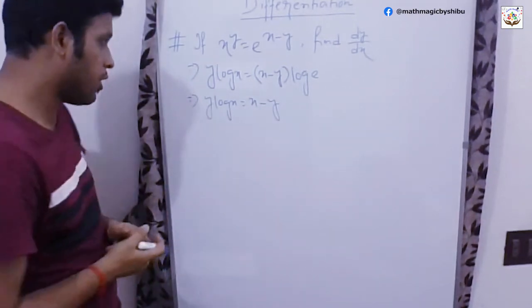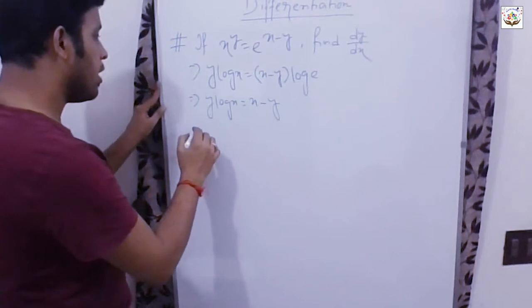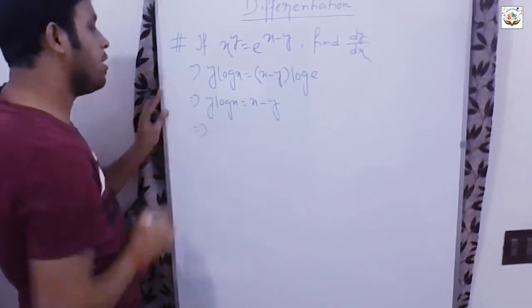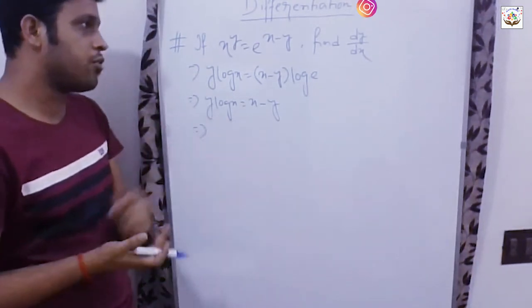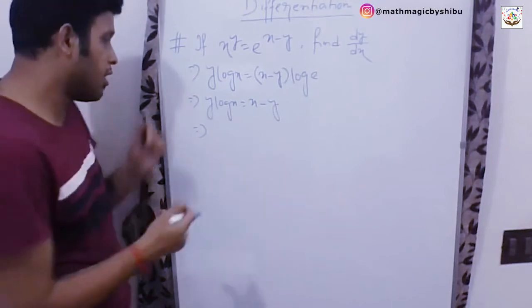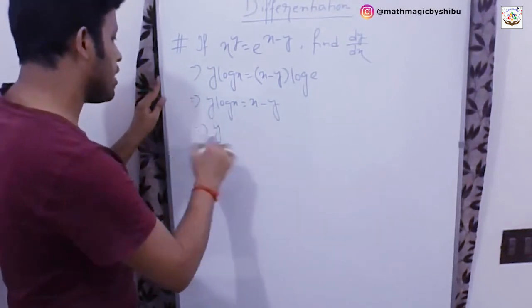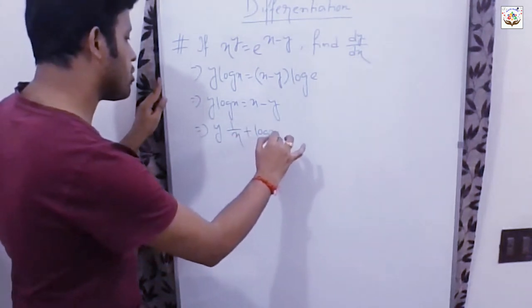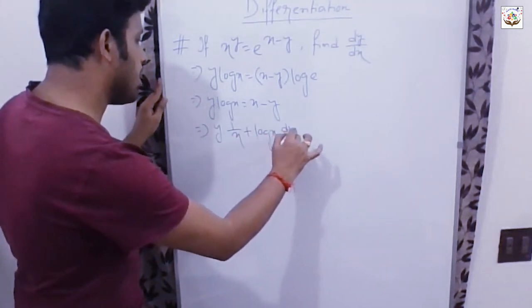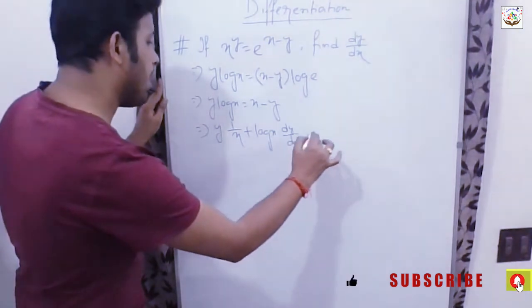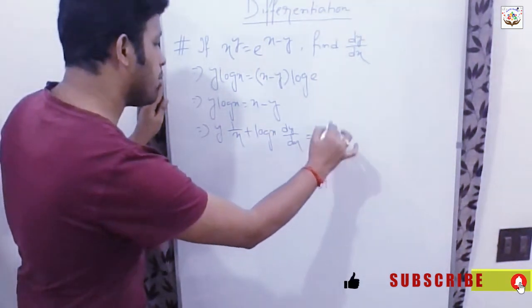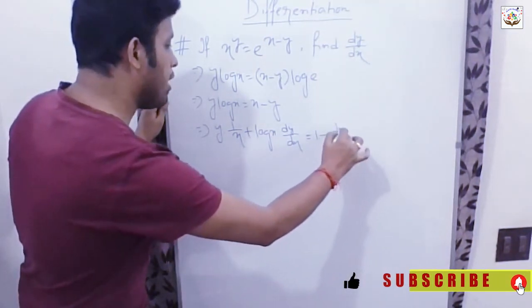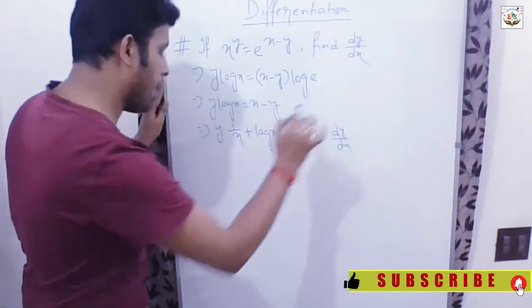So that means y log x is actually x minus y. Understood why? Okay. So now we differentiate both the sides with respect to x to get the dy dx. So y constant, derivative of log x is 1 by x, plus log x constant, derivative of y is dy dx, and derivative of x is 1 with respect to x and derivative of y is dy dx with respect to x.